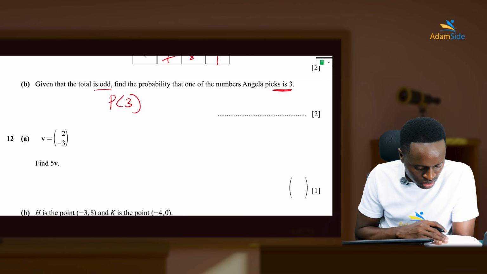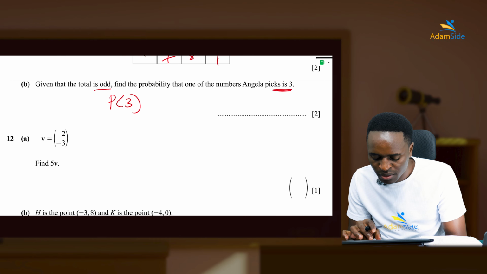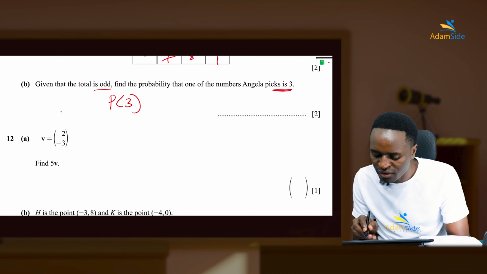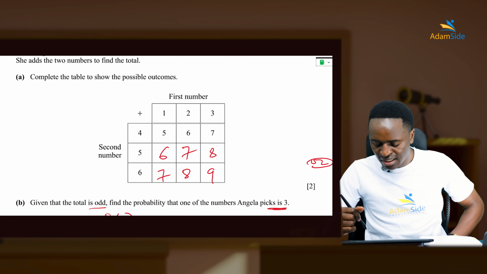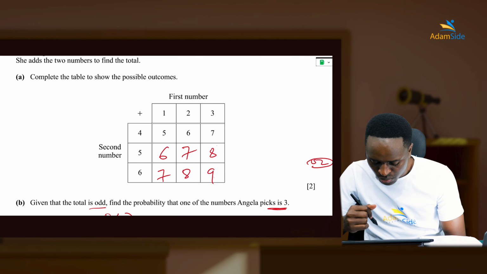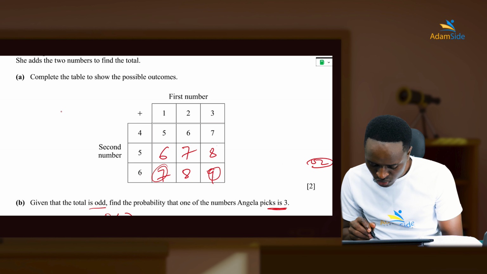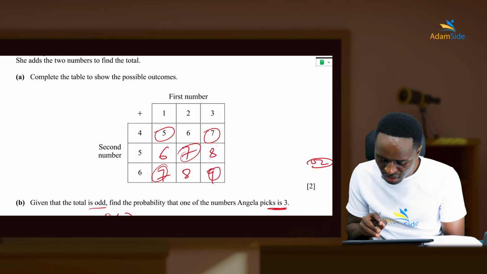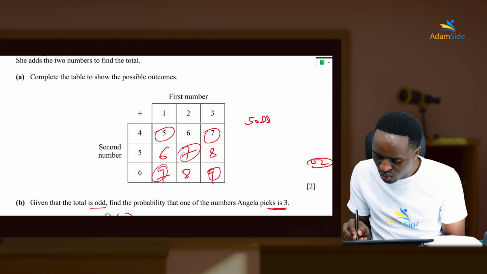And then we have to find the total outcomes of the odd numbers. First of all, we need to find the total outcomes of the odd numbers. We have 1, 2, 3, 4, 5. This is the total outcome of the odd numbers. So we have 5 odd totals.